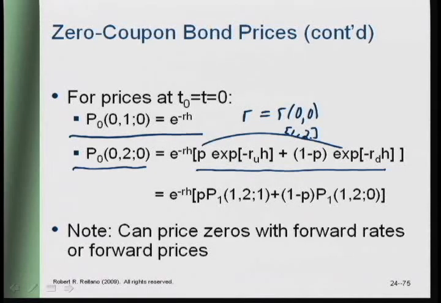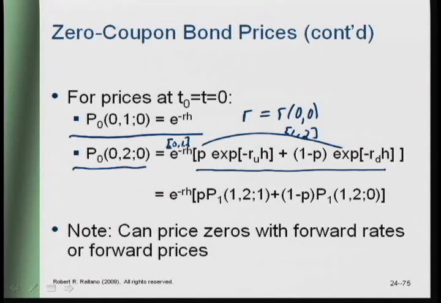Each one of RD and RU go between time 1 and time 2, and I'm doing a risk-neutral expected value of the prices of those 2 zeros, a P with the up rate and a 1 minus P with the down rate. That gets me to time 1, and then I use this interest rate to bring me back to time 0. So because I have 2 interest rates between time 1 and 2, I have to do an expected value, and then I bring it back using the single interest rate.